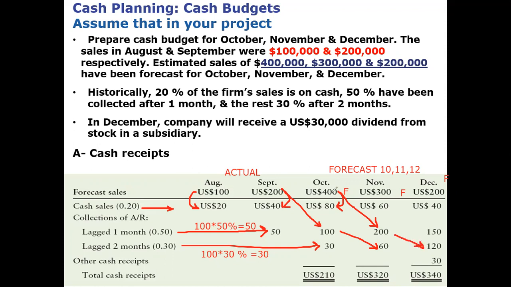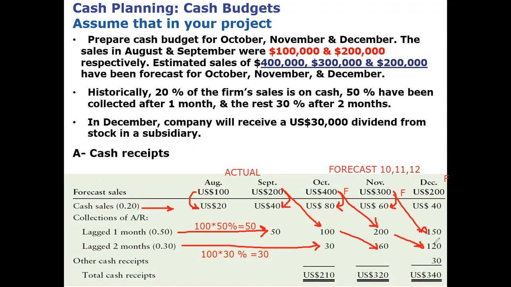So 30% of the 400, and then 50% of the 400, and then 20% of the 400. Let's go for November, 20% from the 300, and then 50%, and I'll stop right here.